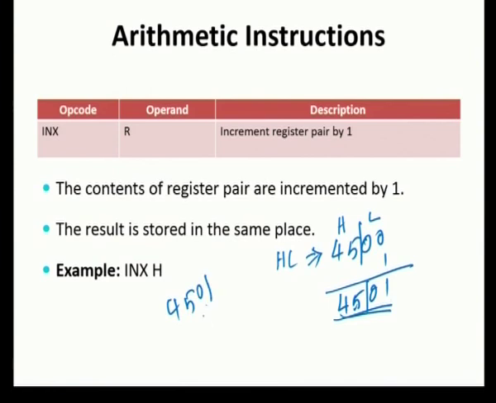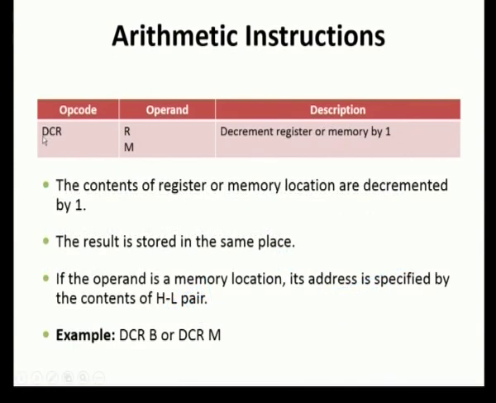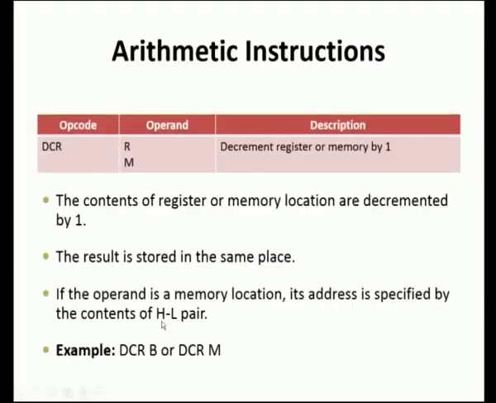The next instruction is DCR. DCR register or memory represents decrementing the register value or memory value by 1. Then the result is stored in the same register. If the operand is a memory location, its address is specified by the HL register pair, and then only we can call it the M register.